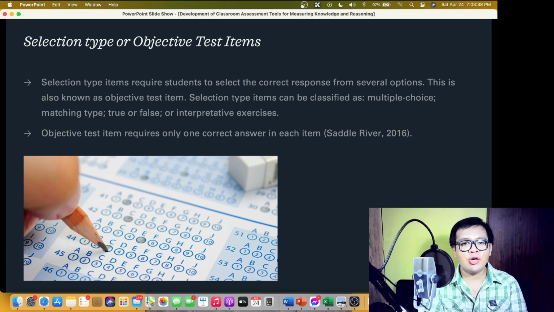So, selection type or objective test items. This is very common, what we teachers are doing. Selection type items require students to select the correct response from several options. This is also known as the objective test item. Selection type items can be classified as either multiple choice, matching type, true or false, drop-down box, or interpretative exercises.